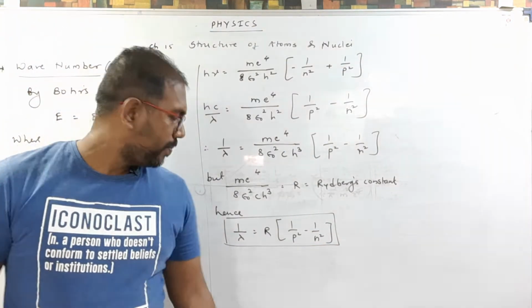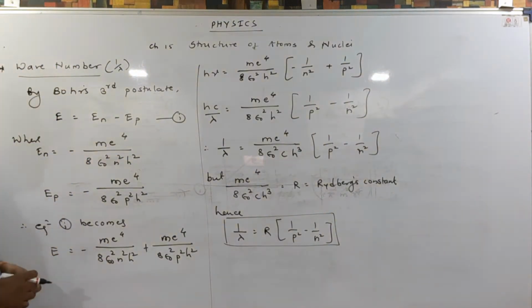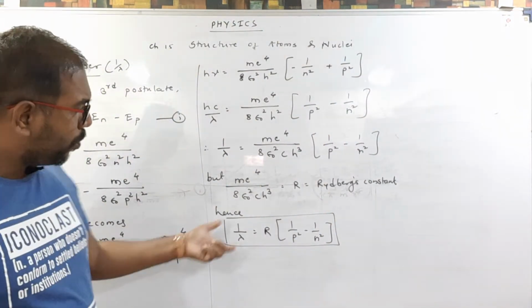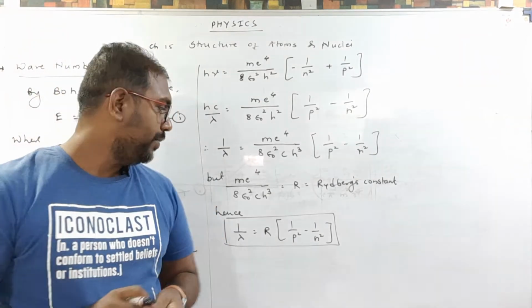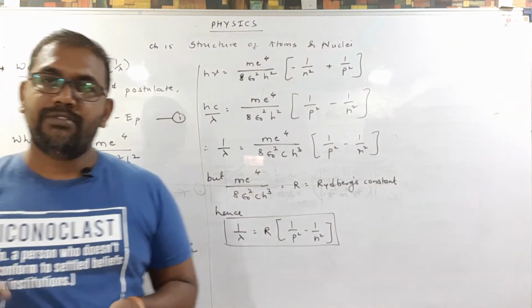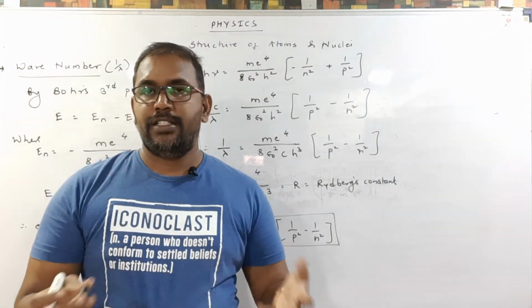I hope everyone understood this. Now after that, we have to use this wave number formula to explain the hydrogen spectrum. Now pay attention here. When an electron jumps from outer orbit to inner orbit, then energy is radiated.